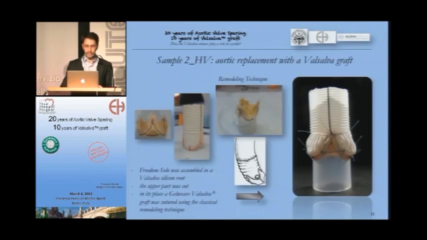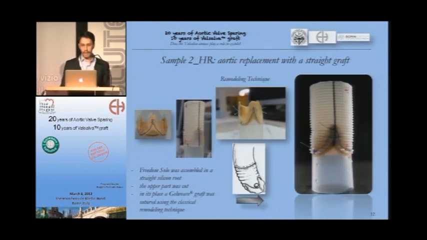In detail, the first replacement was done with a Valsalva graft. So the Freedom Solo was first assembled in a Valsalva silicon root. The upper part was cut, and in its place a Gelweave Valsalva graft was sutured using the remodeling technique.